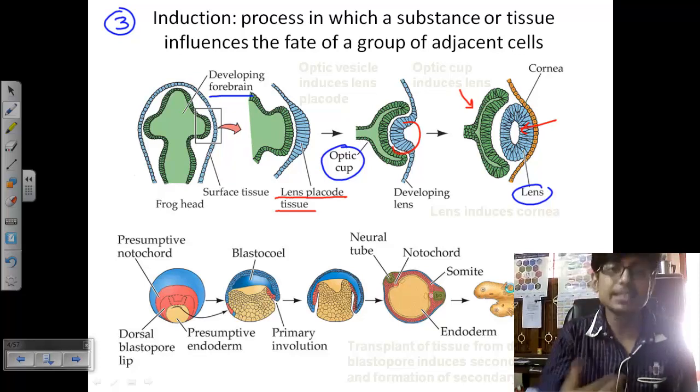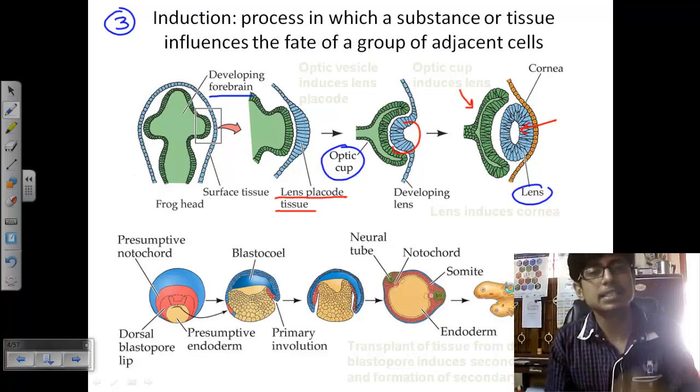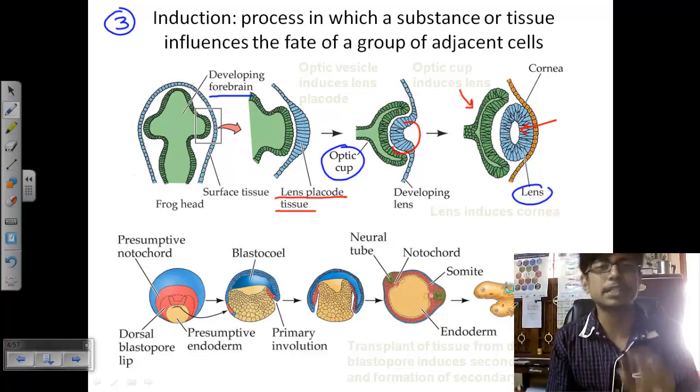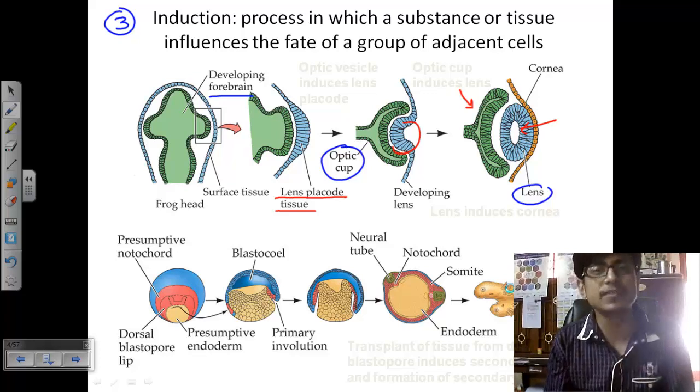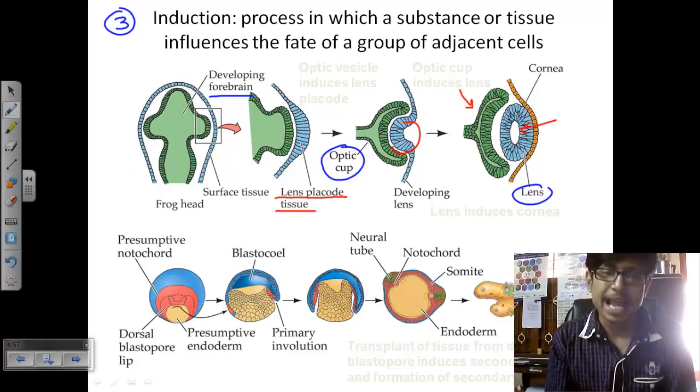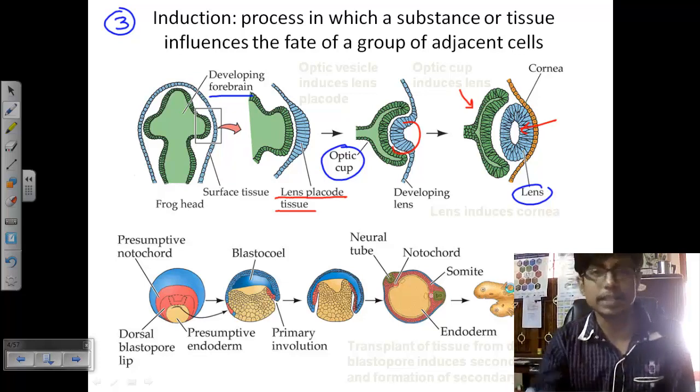But as time goes by, specific cells start to acquire specificity: some are destined to produce liver cells, some digestive system cells, some neural cells, some blood cells. That's how new lineages of cells start to originate, and that requires a determination phase, and determination works earlier. Once the cell is determined what kind of tissue it is going to produce, then differentiation takes place.